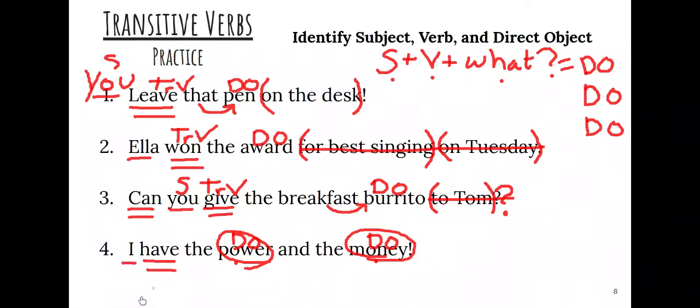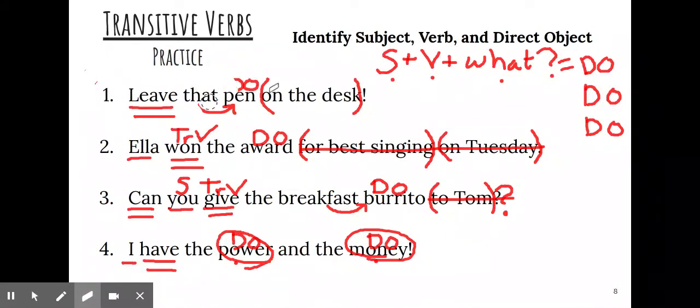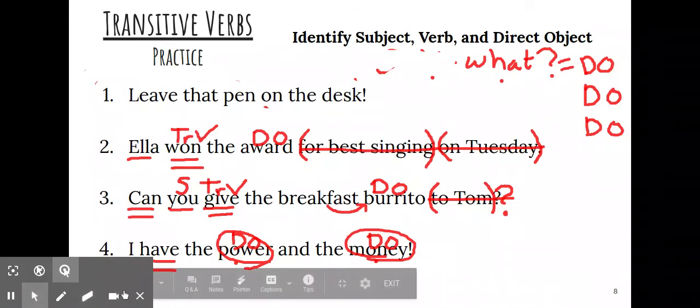Let's then move on. Let's see if I can move on without erasing all of this. Nope, it's going to make me erase all of this. Boy, it's going to take a minute, isn't it? I wonder, do I really have to erase all this? What if I just go back to pointing it out?